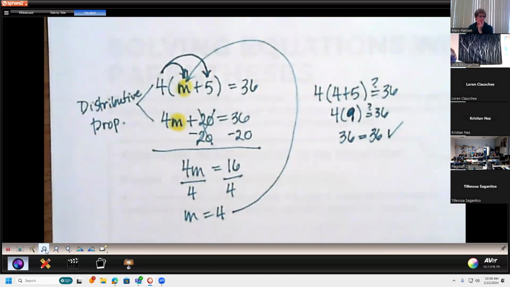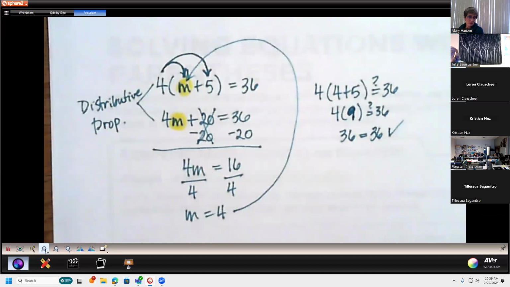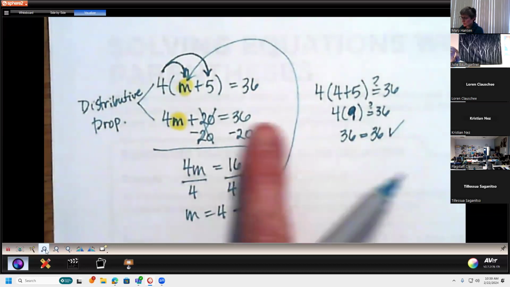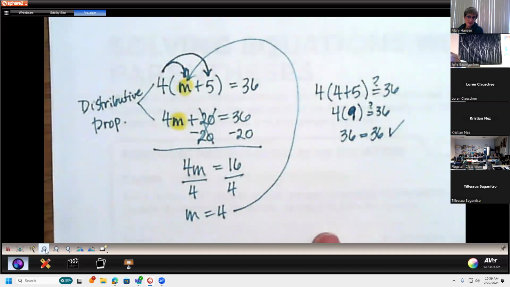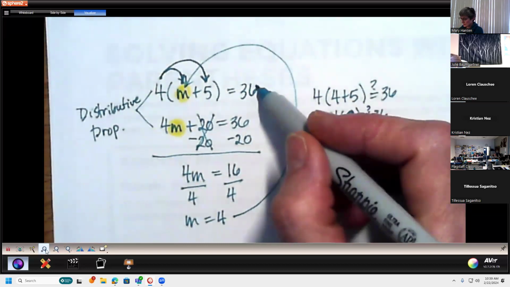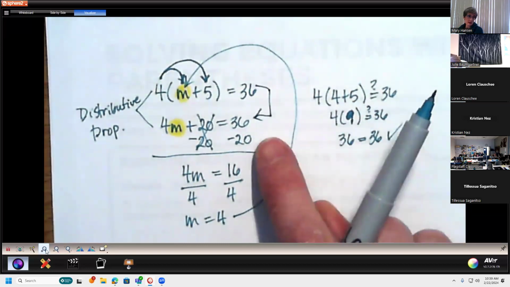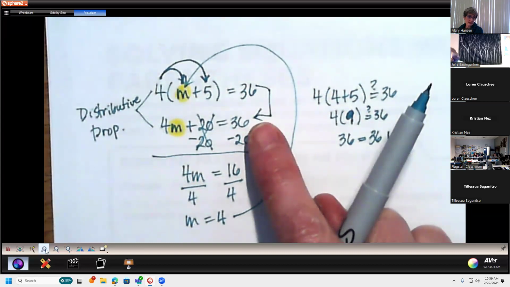I want to do one more because I want to do one where there's also a number in front of the variable before we look at the ones on the packet on page 42. Any questions on this one? Hopefully what you're seeing is every time we add a new skill, we do the new skill and then we get to a problem that looks like what we've already practiced.